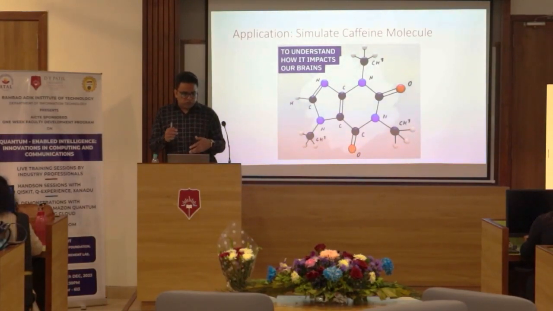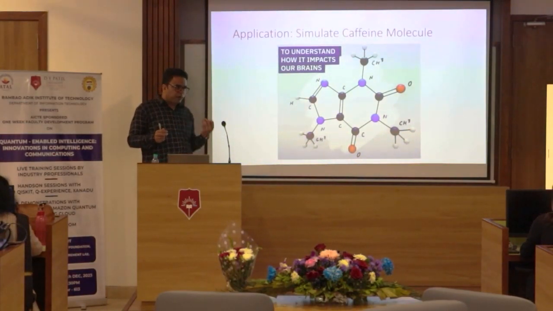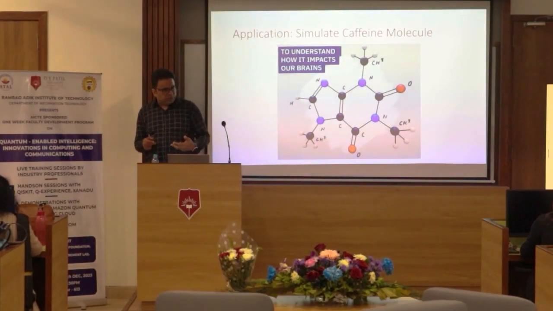And if you want to simulate the effect of this coffee molecule on a brain, then it will become hard. But for quantum computers, for each variable we just require one qubit. Suppose this carbon is there, and let's suppose there are 12 electrons, then we will require 12 qubits to represent this carbon atom. So with 100 or 1000 qubits, you can simulate precisely. But that's not possible for a classical supercomputer.